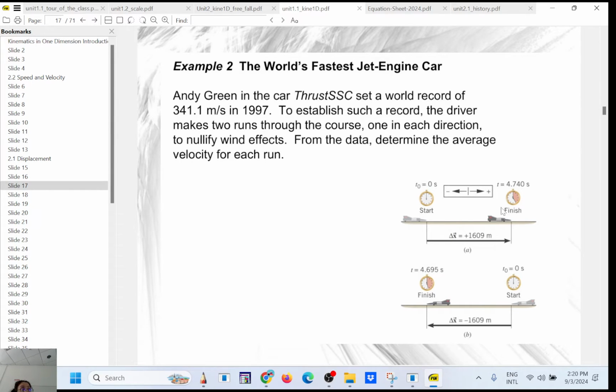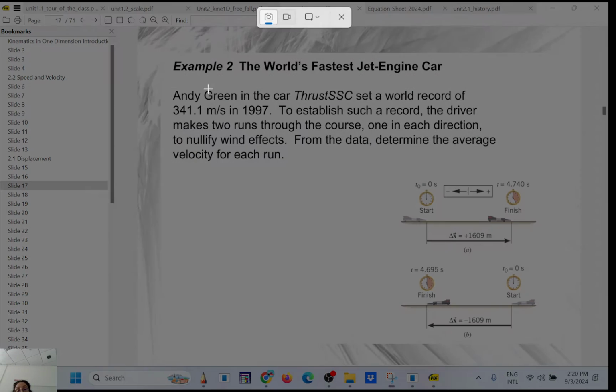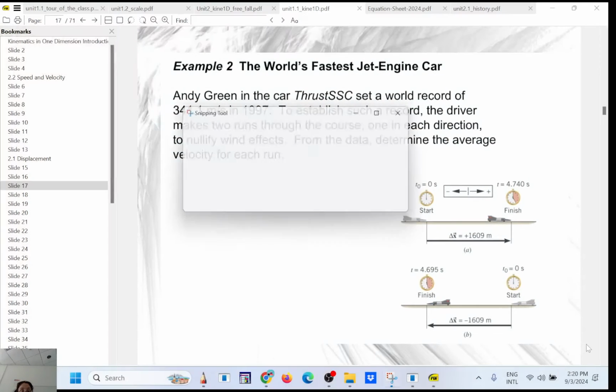Can you find the velocity here, in this case, and the velocity there? You can always help each other. If you need a TI, have one.